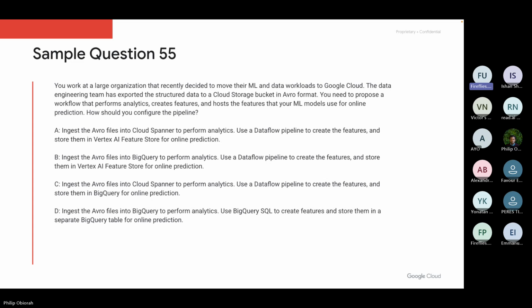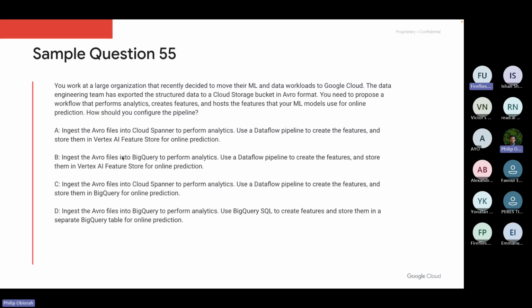Now, the answer must have to do with BigQuery, right? BigQuery is a serverless cloud data warehouse designed for analytical workloads. Good. So this eliminates option A and option C because they have Cloud Spanner.